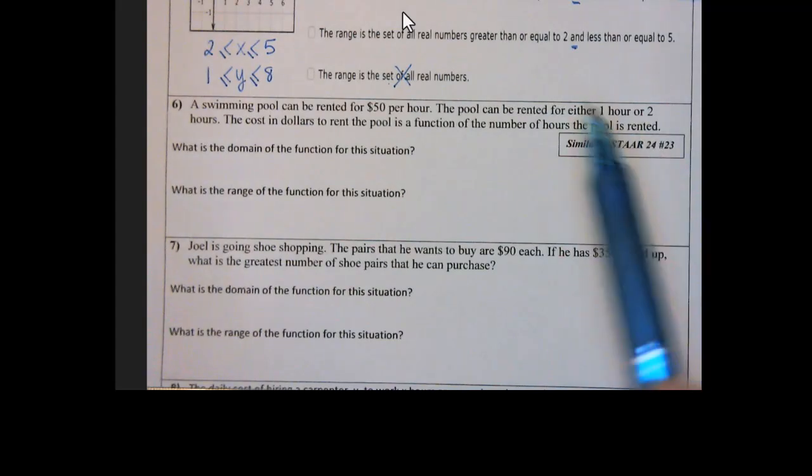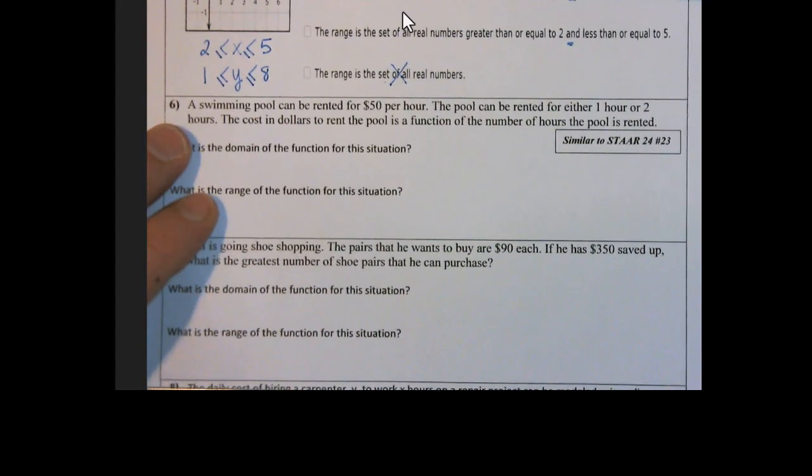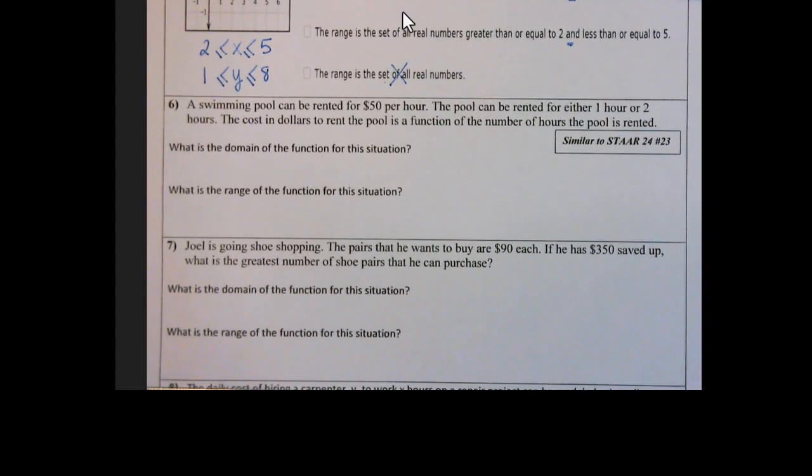This is going to be similar to the 2024 question number 23. Basically there was a question that says, a swimming pool can be rented for $50 per hour. The pool can be rented for either 1 hour or 2 hours. The cost in dollars to rent the pool is a function of the number of hours the pool is rented.